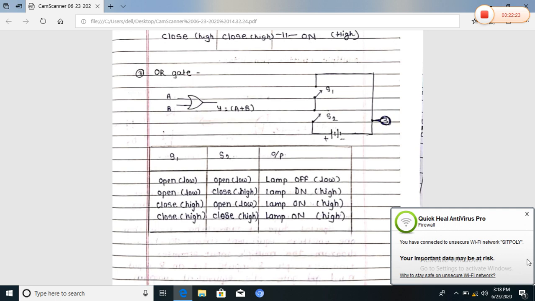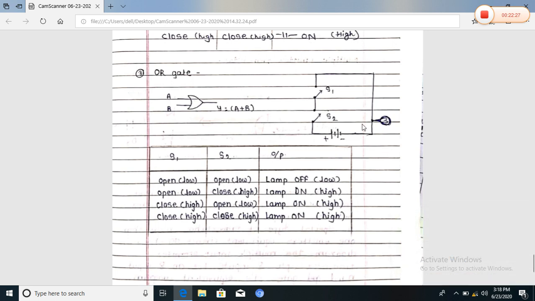This logic is applied in the switching circuit. When S1 and S2 are open, meaning low, that is the A0, B0 condition, so output Y is 0 in that condition. So the lamp is off, that is low.